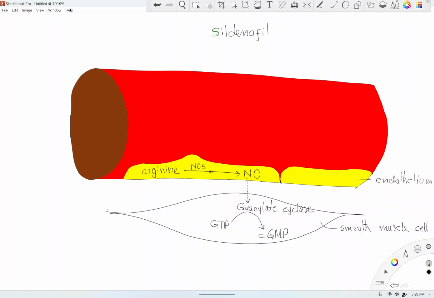Okay, good. Cyclic GMP, in effect, will cause a decrease in intracellular calcium. And this decrease in intracellular calcium causes muscle relaxation. Okay? And this muscle relaxation leads to vasodilation. And that's what we want.